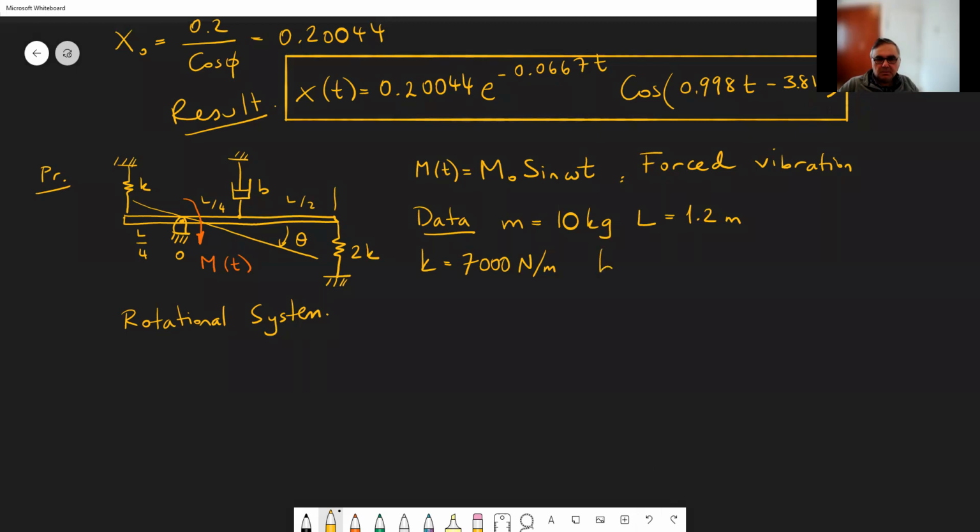The damping is 650 newtons second per meter. And the forcing frequency omega is given in RPMs, 500 RPMs, okay? And we have to convert this RPMs to radians per second. That is important, okay? The conversion of units is important.